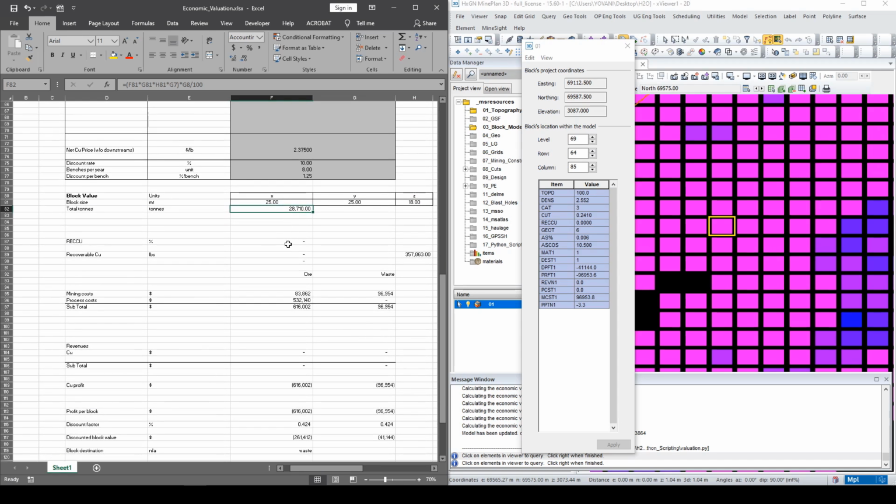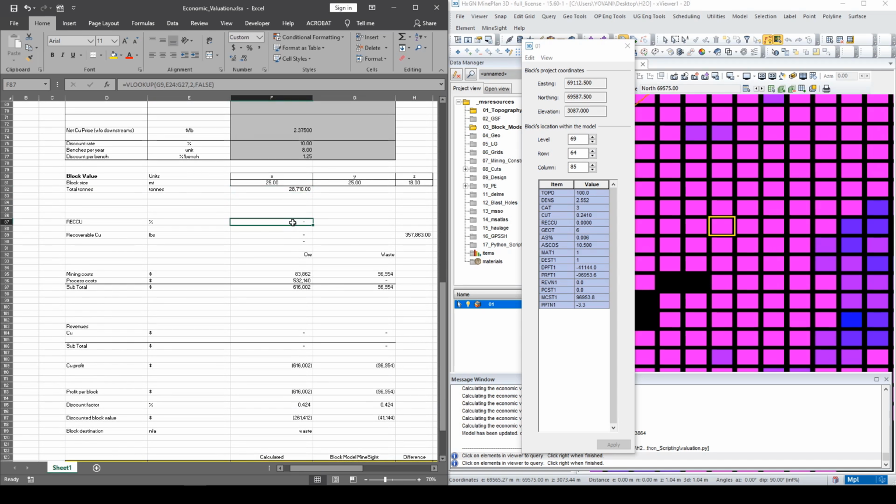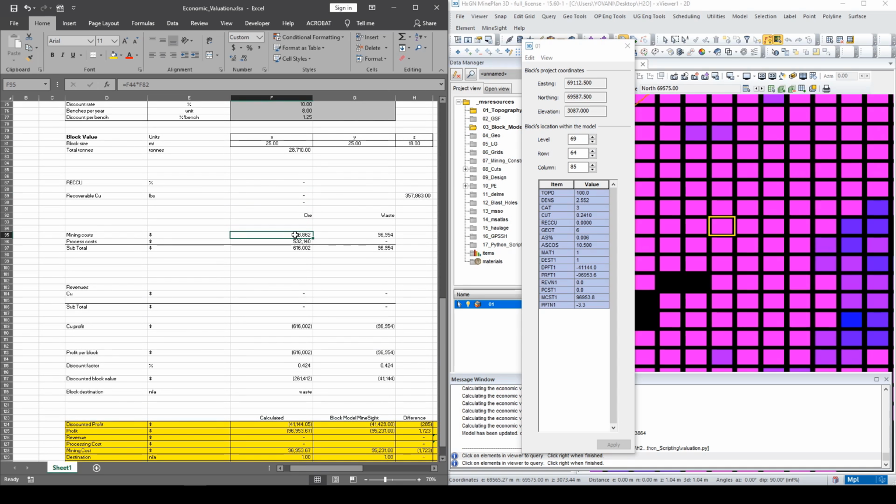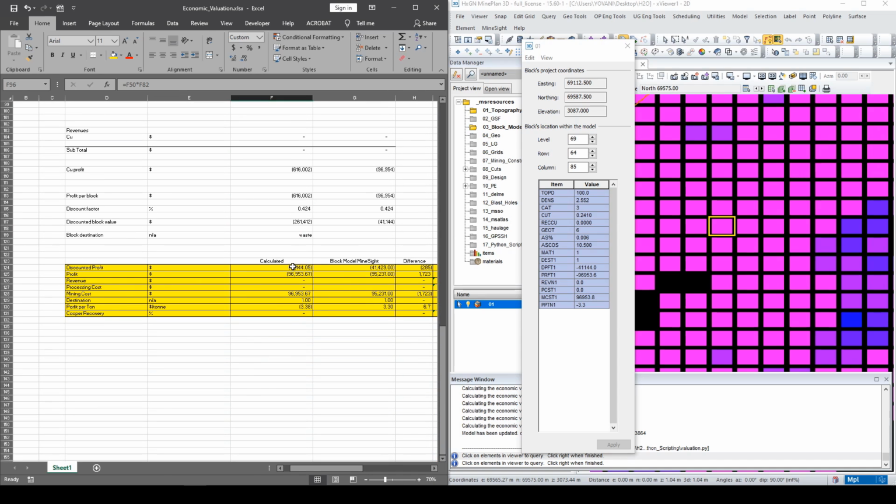Total tons. There is no recovery for this block, neither recoverable copper as well. Mining cost, the process cost, and the results. Here we can see that there is no difference.